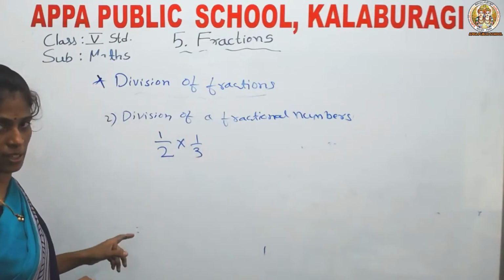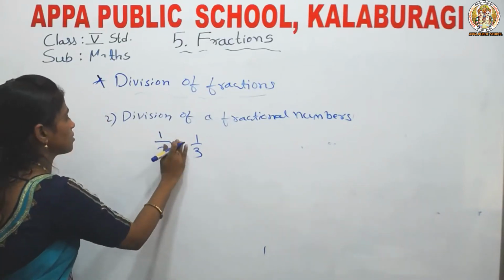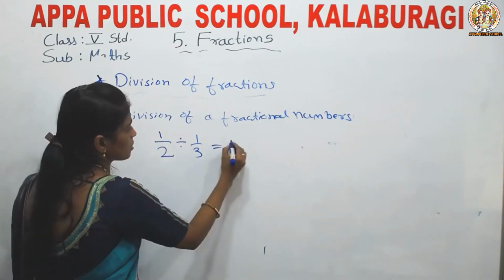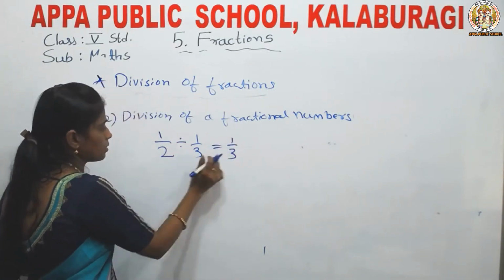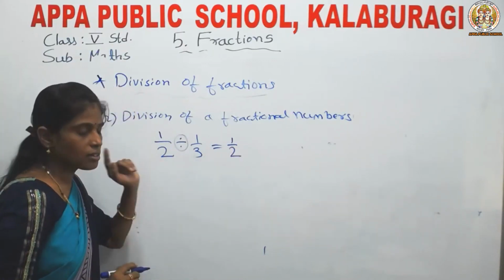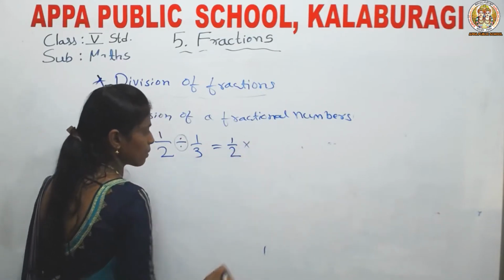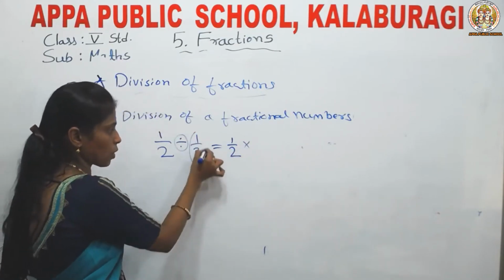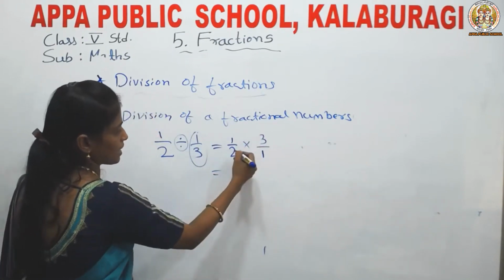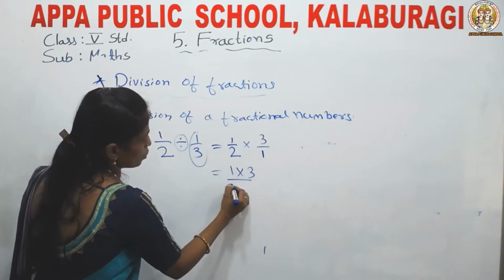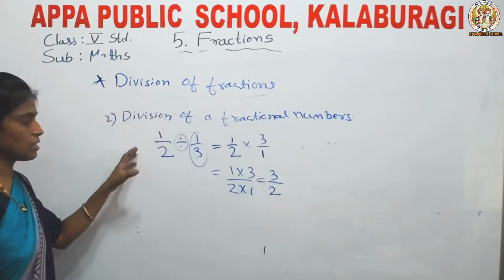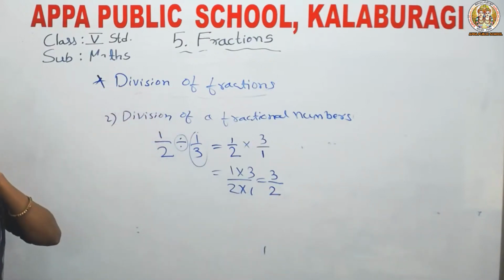There are two fractions. Here 1/2 stays as it is, and the division sign is replaced by the multiplication sign. After that, take the reciprocal of this number, that is 3/1. Now multiply numerators 1 into 3, and denominators 2 into 1. We get 3/2. Okay. This is division of fractional numbers.